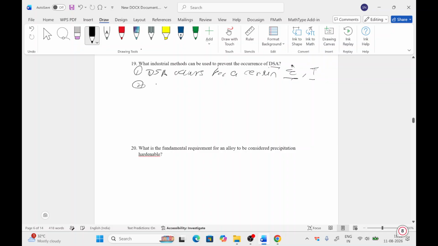Second, we can apply some deformation techniques to avoid dynamic strain aging. The first is leveling or temper rolling.